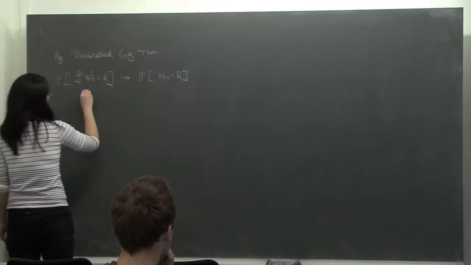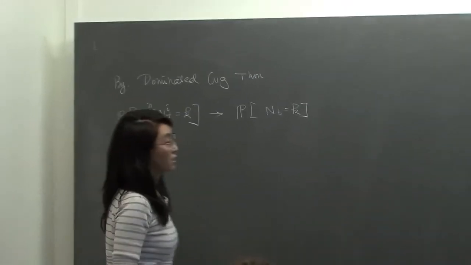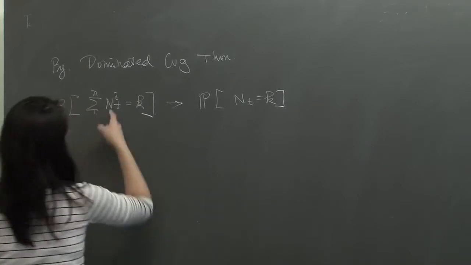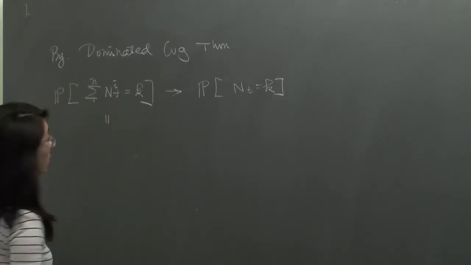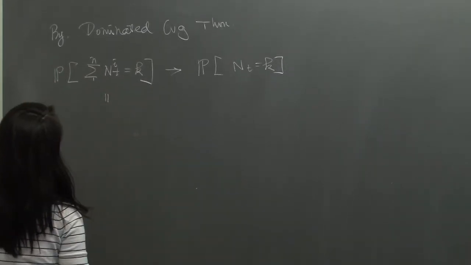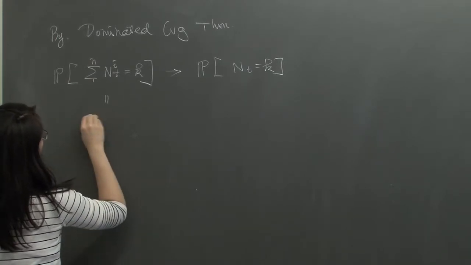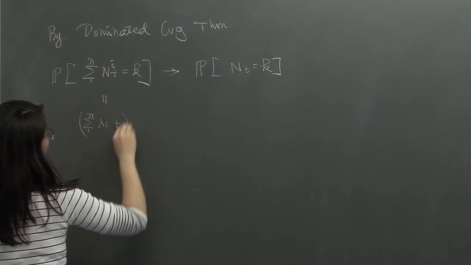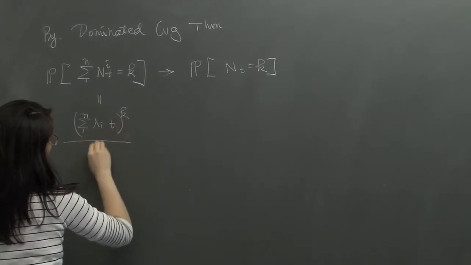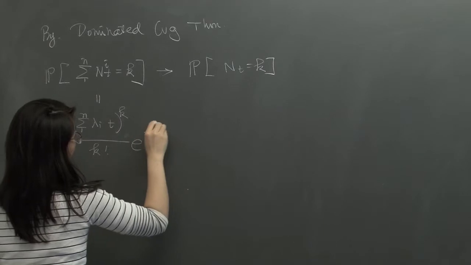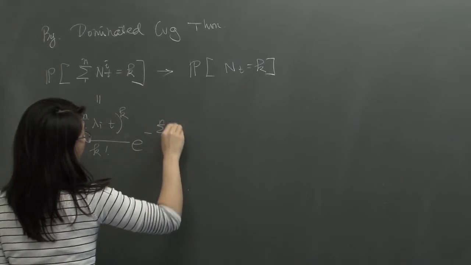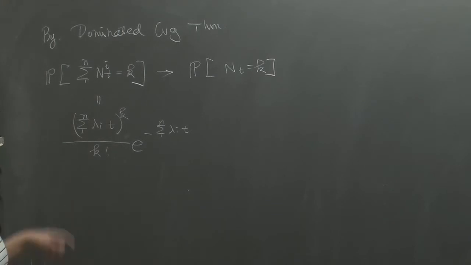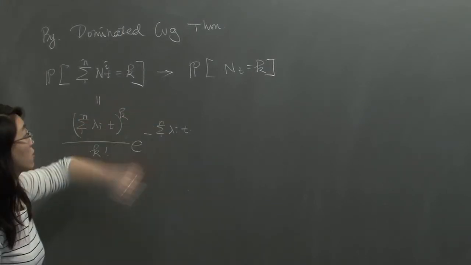And for this finite summation, we already know that it satisfies the Poisson law with the right parameter. So this is the probability for the left-hand side, and we have convergence to the right-hand side.